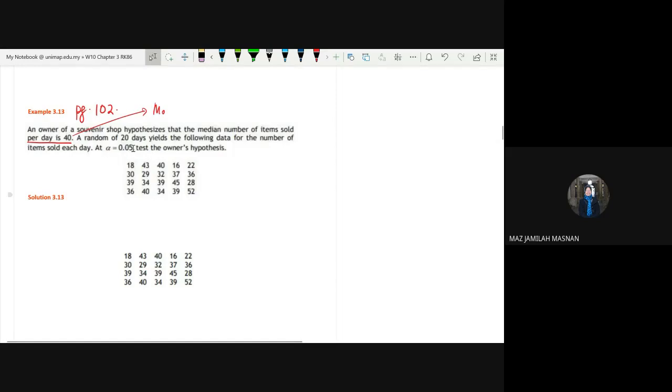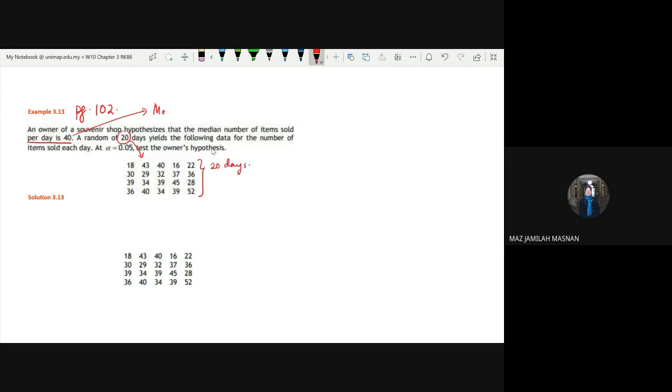A random sample of 20 days. So what does this mean? You are going to see 20 data given in your question. A random sample of 20 days yields the following data for the number of items sold each day.